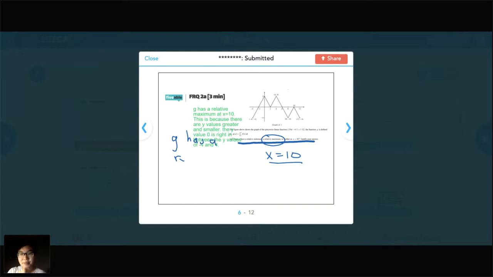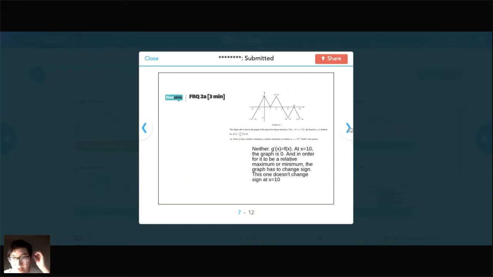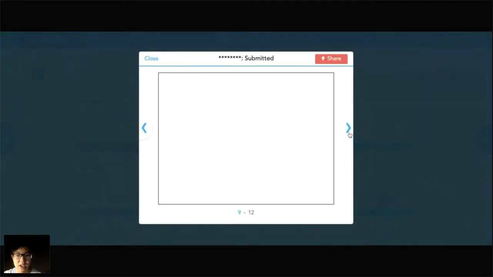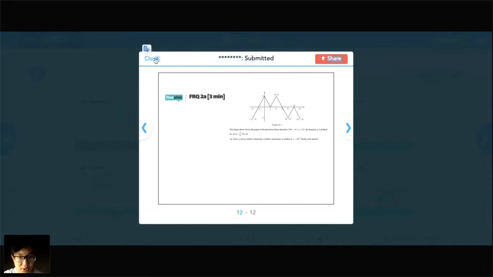So when we look at the function g as a whole, there's no min nor max because the first derivative never changes signs. It stays entirely negative from 8 to 12. At x equals 10, the graph is 0, and in order for it to be a relative minimum or maximum, it has to change sign. Good job. Okay, let's do the next part.